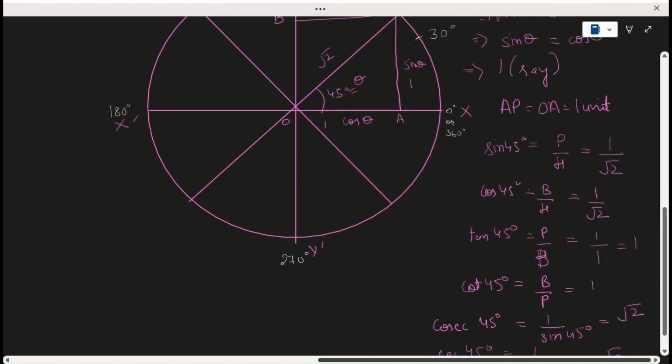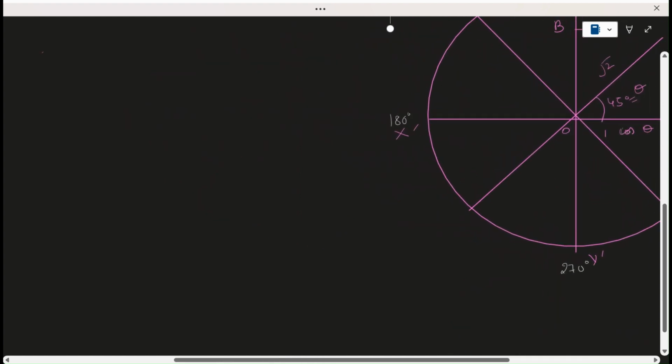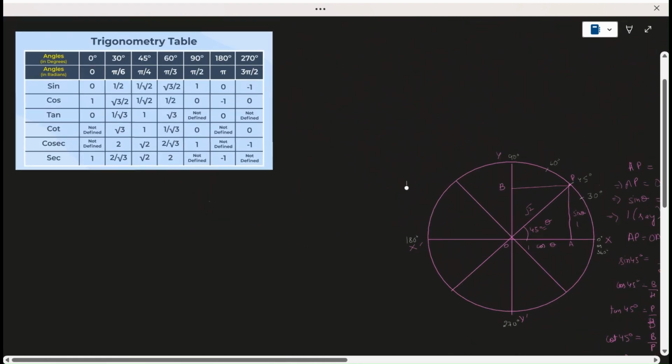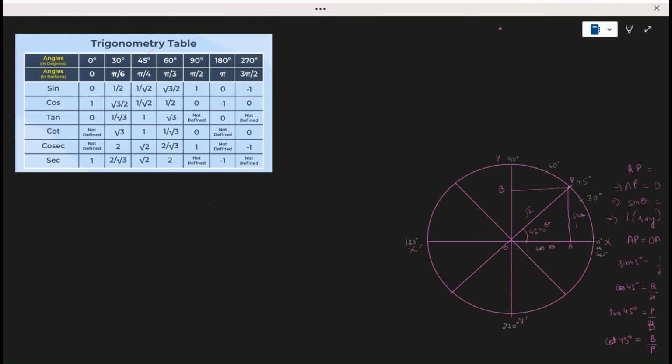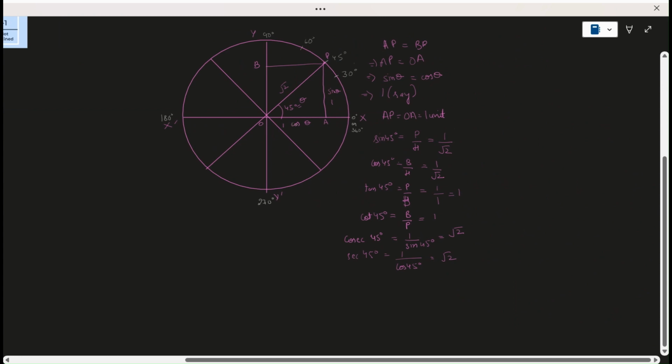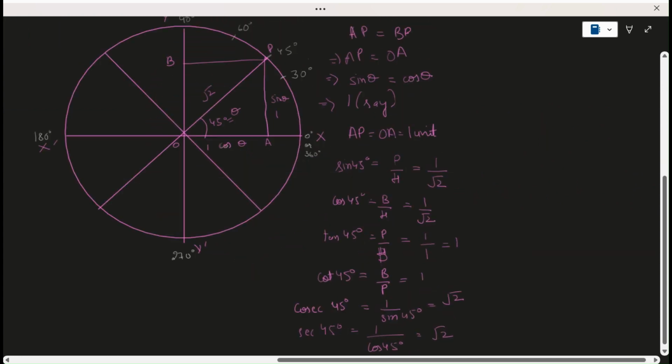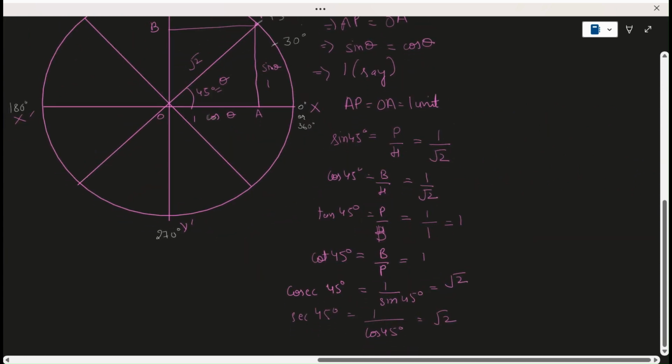Also we saw that, do we have the same values? Here we were calculating for sine 45. Sine 45 is 1 upon root 2, cos is 1 upon root 2, tan, cot, and all the values are verified. So our calculation is perfect.